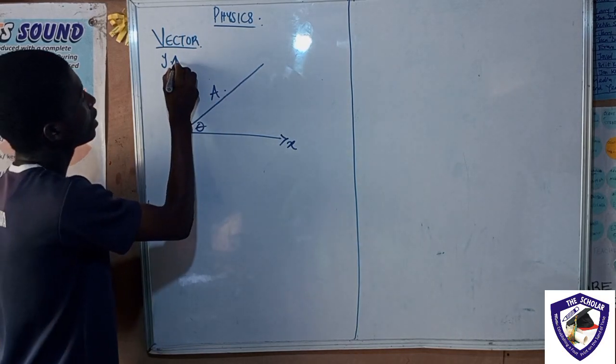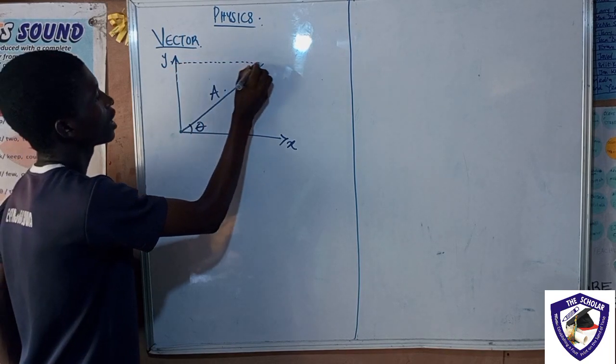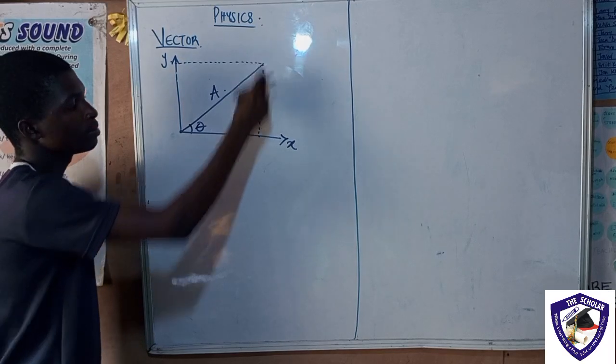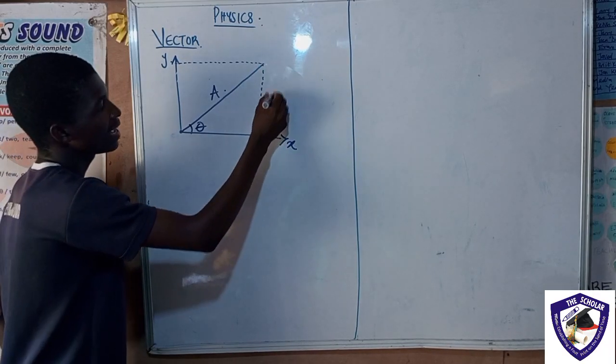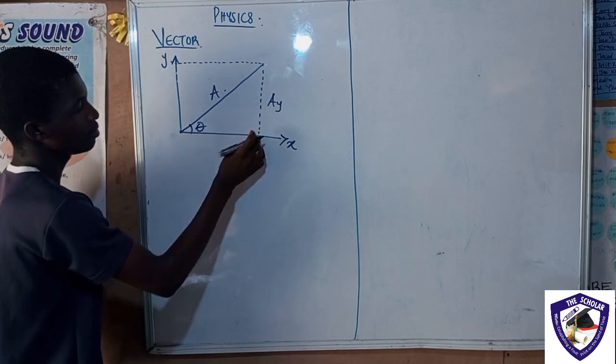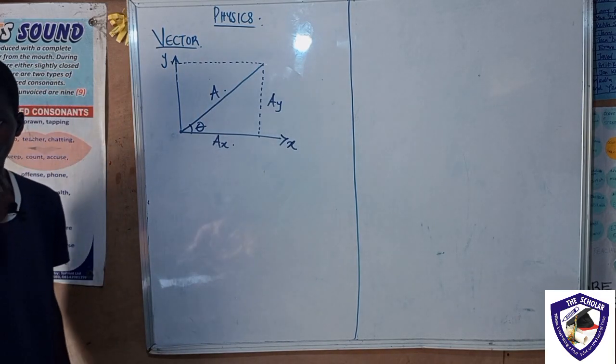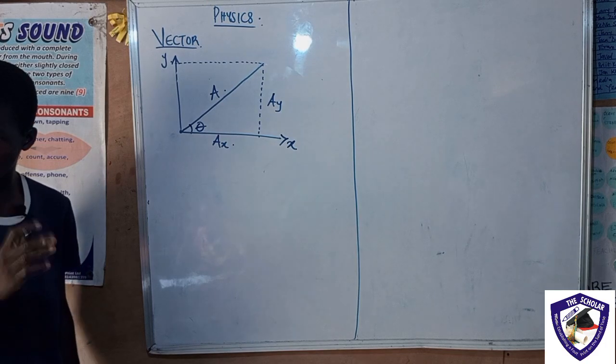Now, when I form a kind of open lines here and likewise here, the length from here to here becomes my AY. From here to here becomes my AX. We are trying to generate a formula here.